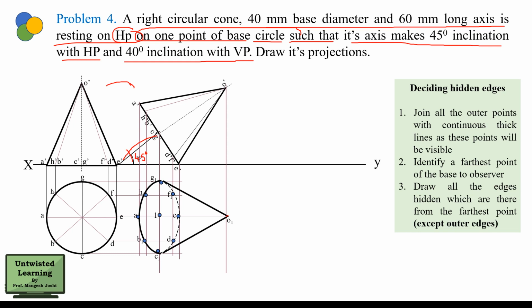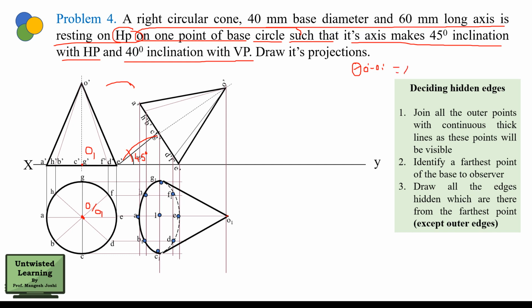Only the change is that in this case, theta of the axis, which is nothing but, let us say, O' to O1'. This is O', and let us say this as O as well as O1. This is O, this point is O1.